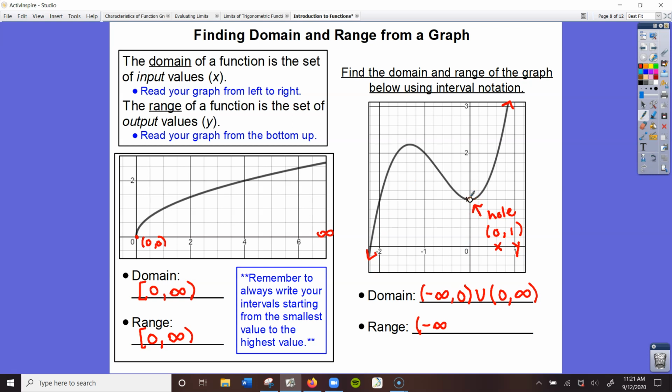However, I see that it is included over here. So even though it is not included in this hole, that y value of 1 is included right here. Therefore, I don't need to stop there, and it does continue up forever, so I'm going to put infinity.